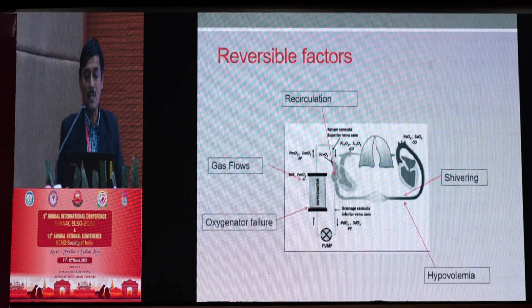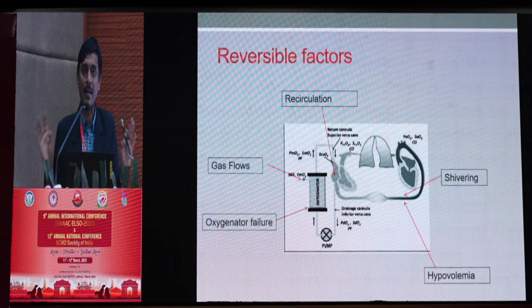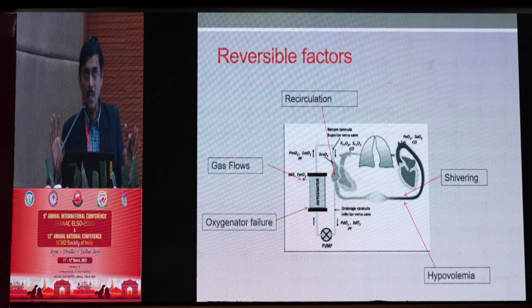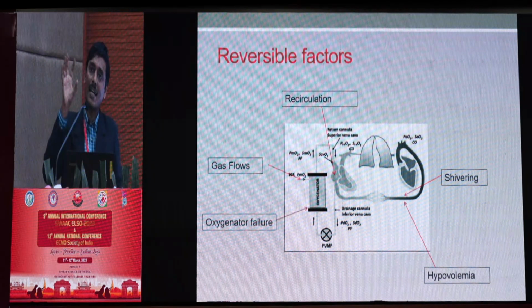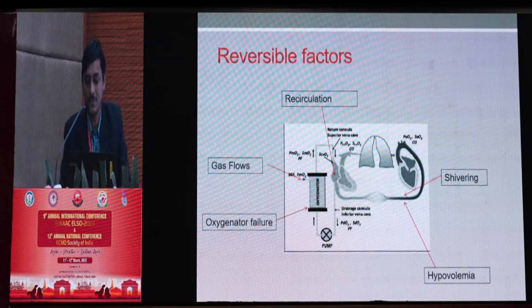So if the patient has reversible factors, I clearly correct them. It's easy for me but I still look for them. And it makes my life easier if I get to see the oxygen saturations or PO2s or whatever it is improving. Now, what happens if the patient still remains hypoxemic after I correct all those reversible factors?